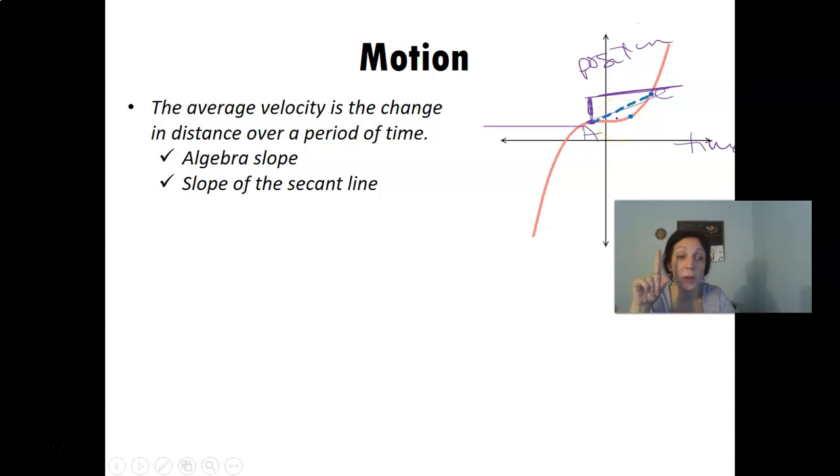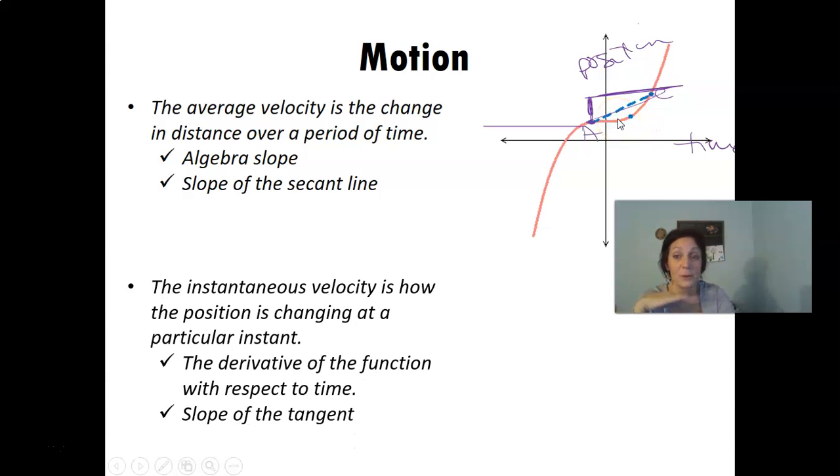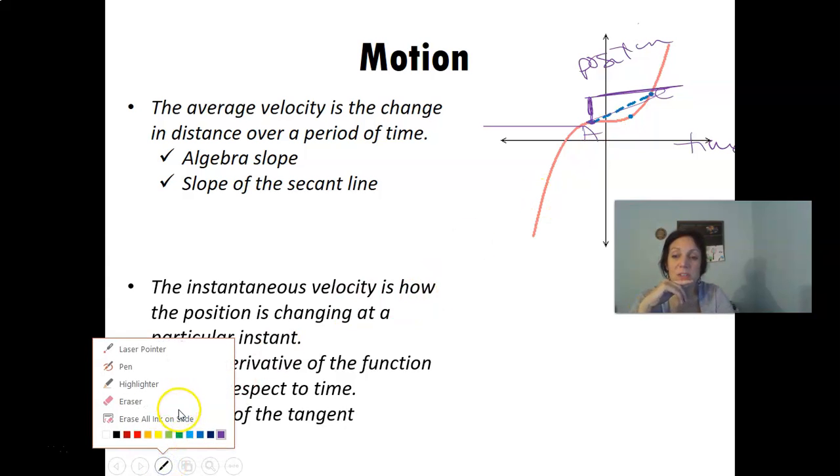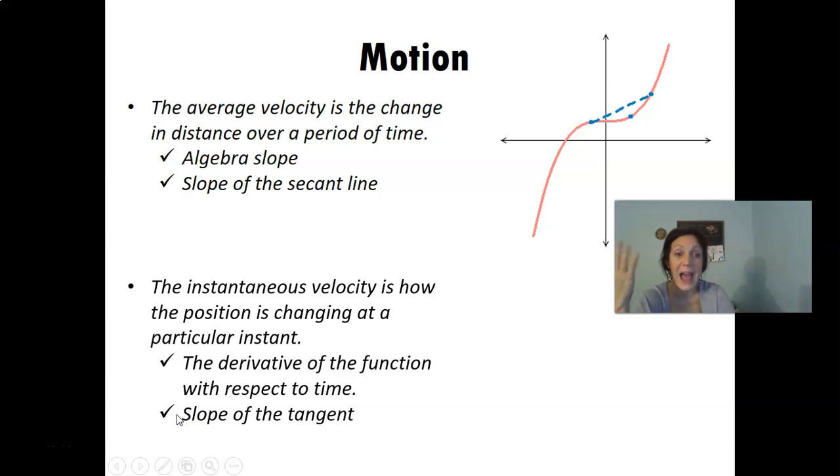Okay. What we want from calculus is something completely different. We want to know not what's happening over some interval, not what the average is over some period of time. That's algebra. We want to know what the rate of change is at this instant. In this case, since it's position in time, it would be giving us the velocity at one instant.